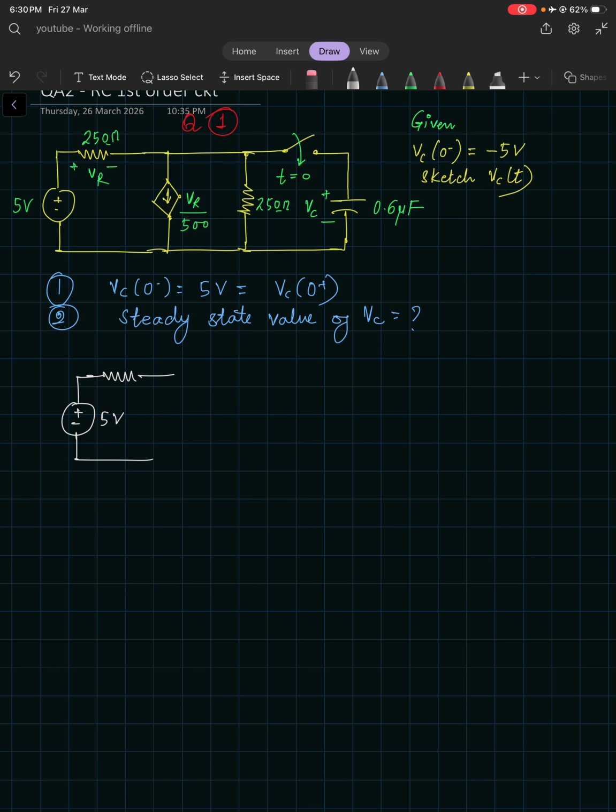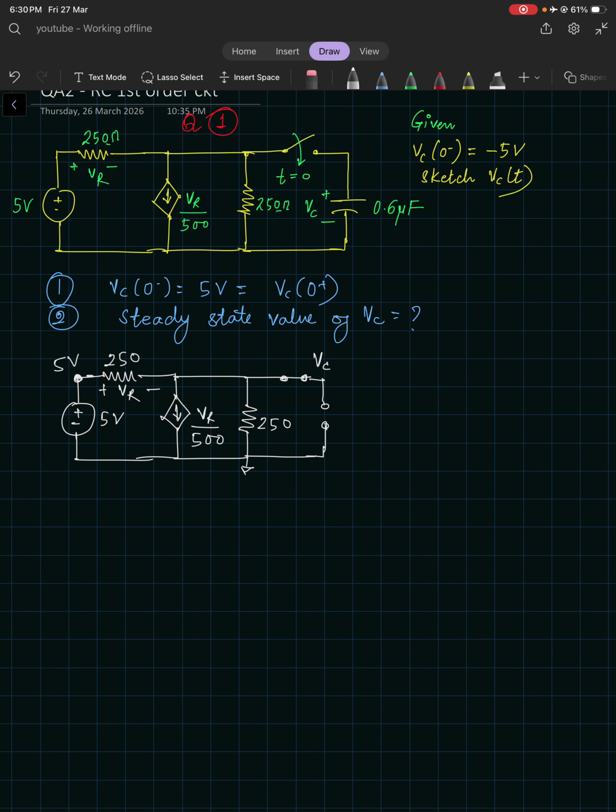Five volts, this is again a resistor, this is a switch, and here in steady state we need to find the value. This node is VC. Let me take this node as ground, 5 volts, so this node will be again at 5 volts. This is 250 ohms, this is 250 ohms, and this is VR by 500, a dependent current source given as VR.